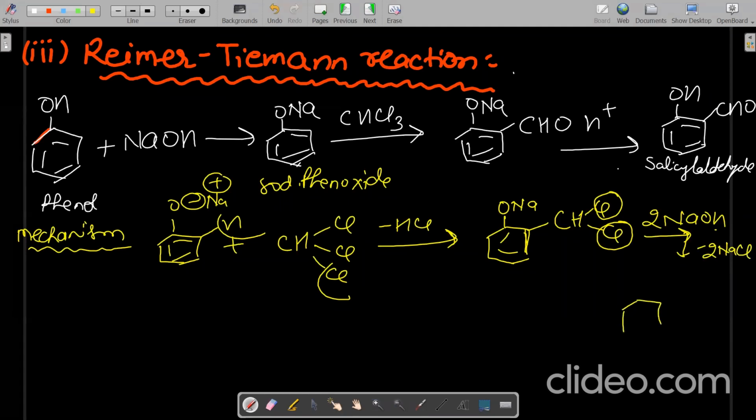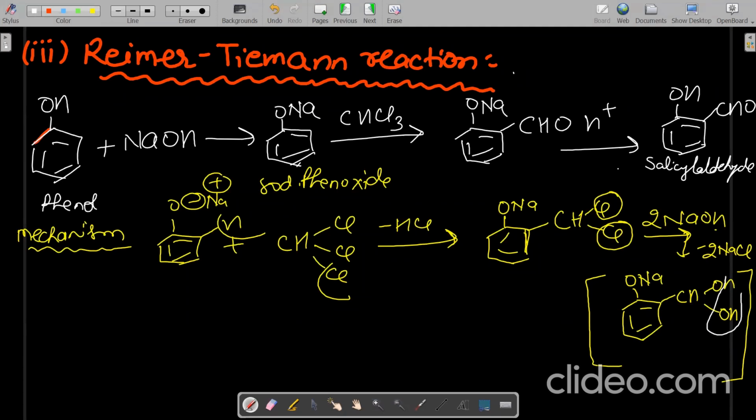And in place of Cl, what will come? You can see CHOH. And already I have told you, if 2 alcoholic groups are present at the same carbon, we can say gem diol, that is unstable, and hence there is always loss of water.